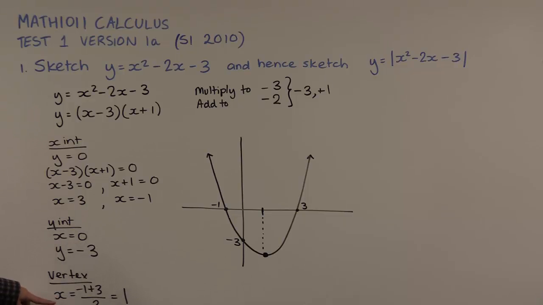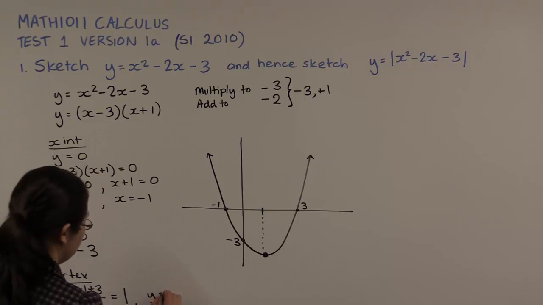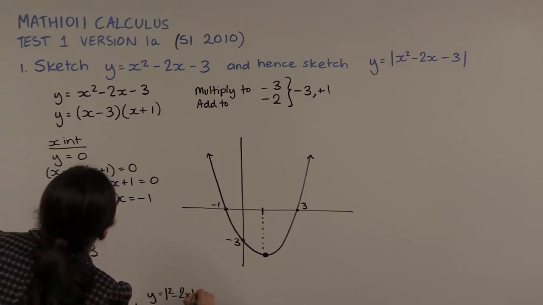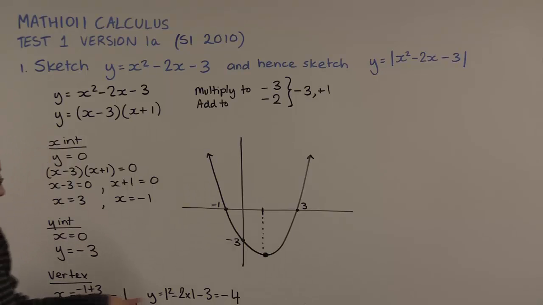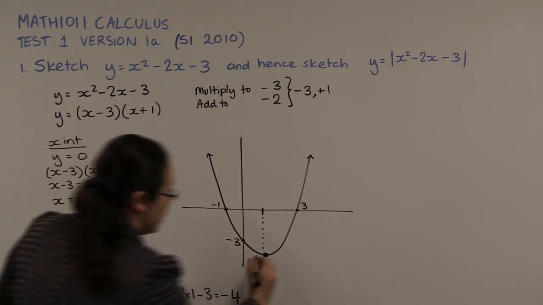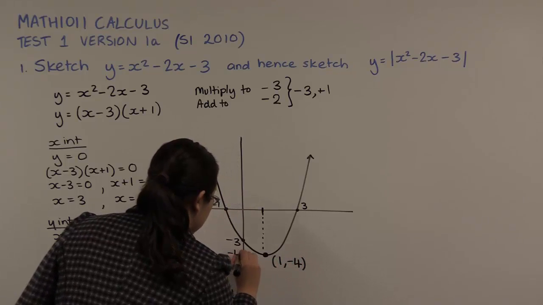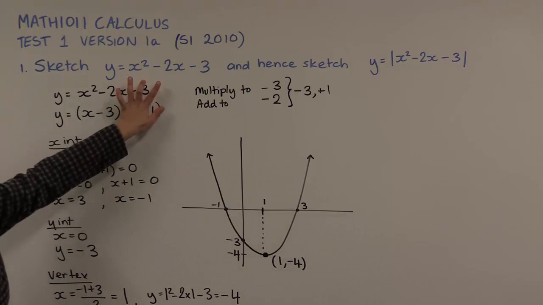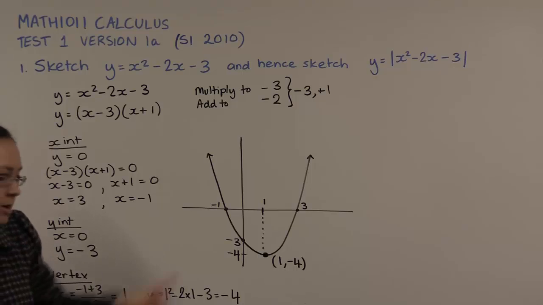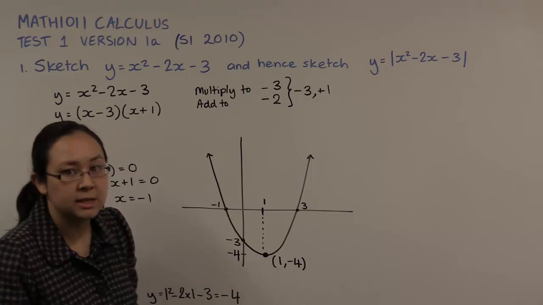And if we substitute x equals 1 back into our original equation, we will find the y coordinate. So y will be 1 squared minus 2 times 1 minus 3, and that's minus 4. So our vertex is x is 1, y is minus 4, and I'll label that as a coordinate here, 1, minus 4. So we have a sketch of our parabola, y equals x squared minus 2x minus 3, showing x-intercepts, the y-intercept, and the vertex here.